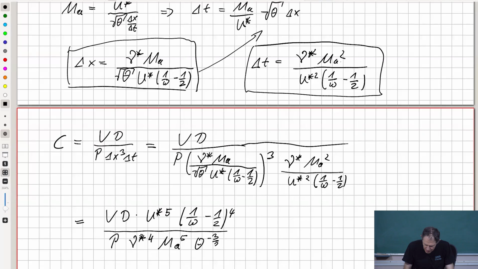Yes, it's minus theta. Okay, we could put it on the other side, but this is a constant, it's not important.